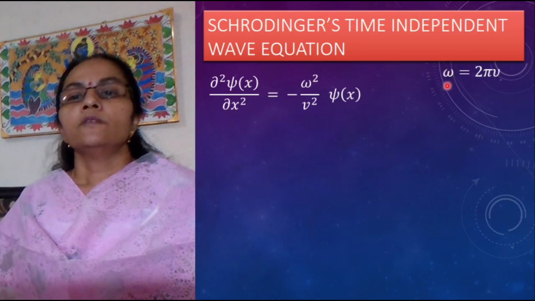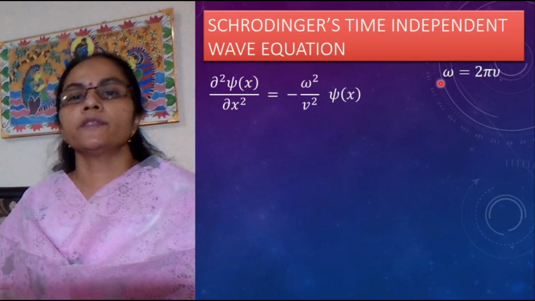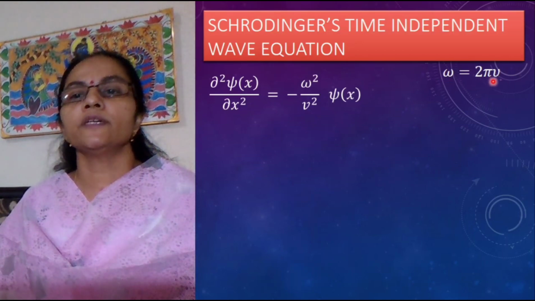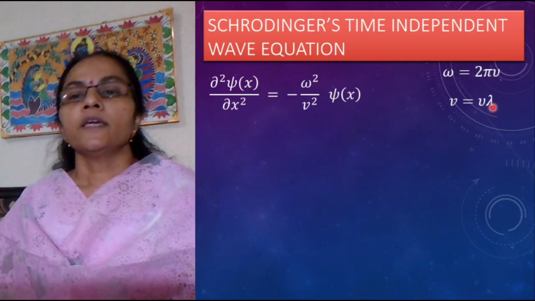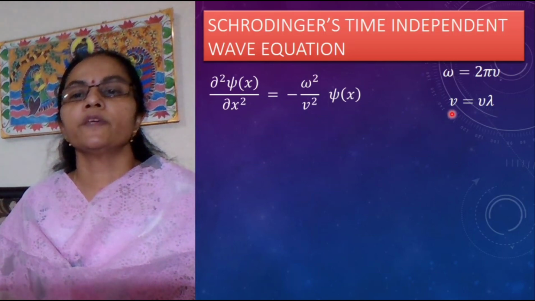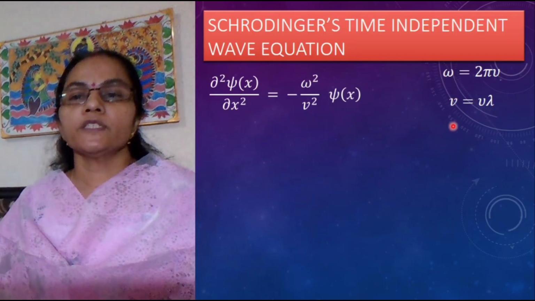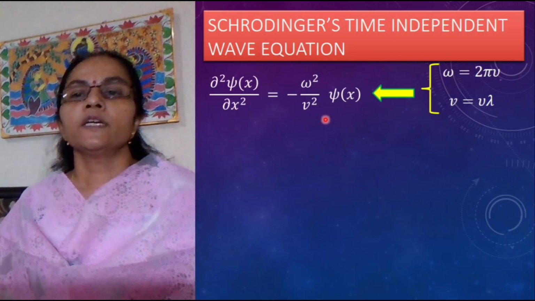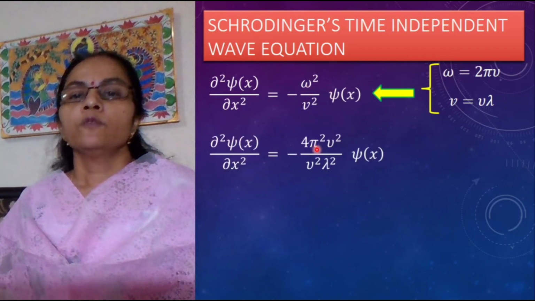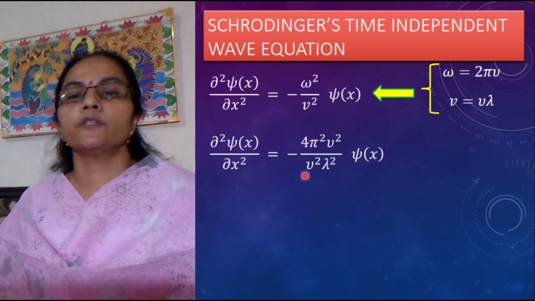Now we all know that omega equals 2 pi nu, where omega is the angular frequency and nu is the frequency. And also we know that v equals nu lambda, where v is the velocity and nu is the frequency. If we substitute these values over here, what will we get? Omega square will be equal to 4 pi square nu square, and v square will be equal to nu square lambda square.